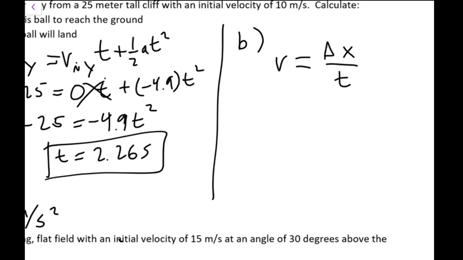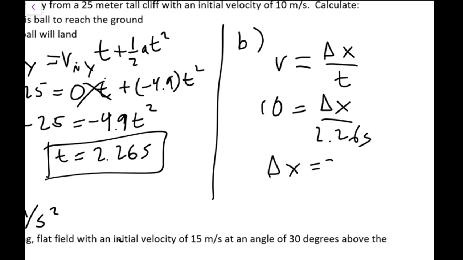When ax is 0, you have the speed of 10, delta x, what we're looking for, and time of 2.26 seconds, which means that delta x is 22.6 meters.